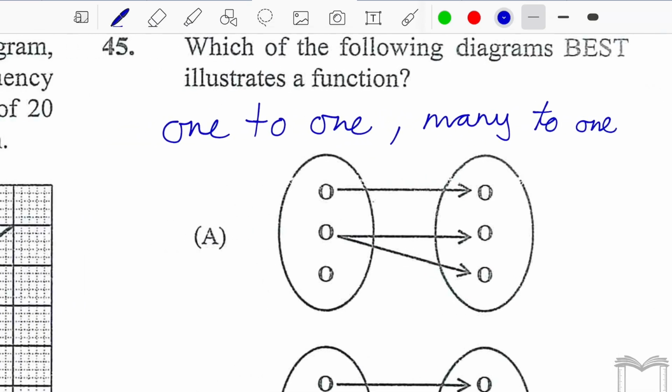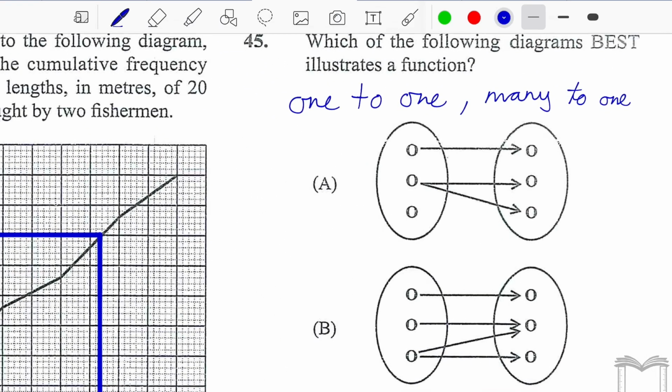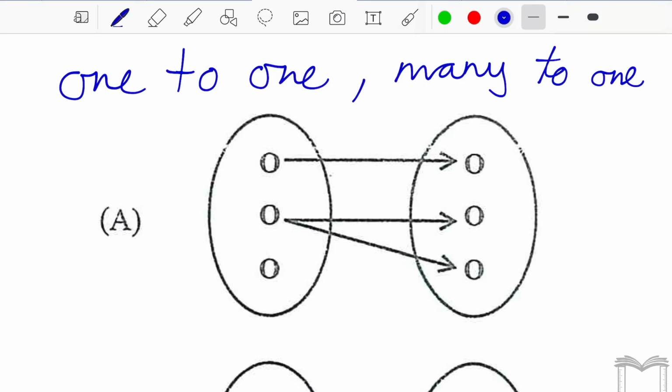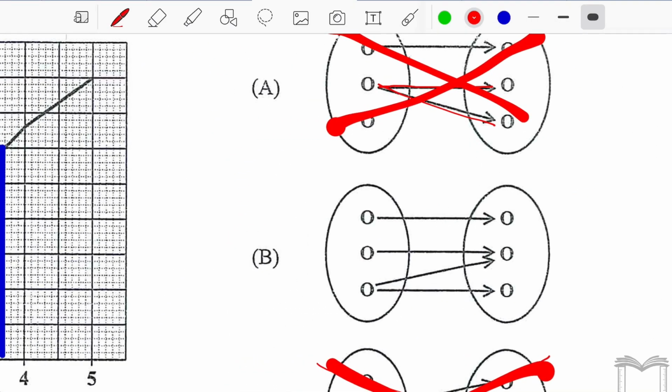So we are comparing this really to a relation. So we are looking for one-to-one or many-to-one. So here in A we are seeing that we have 1 to many. So it means that this one here is incorrect.